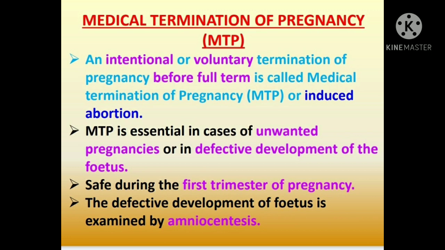Once they get a confirmed report, they say the person can go for the further pregnancy. If they see any defect in the development of the fetus, then they tell the patient to go for the MTP. Otherwise, it will not be good for the baby, for the fetus.